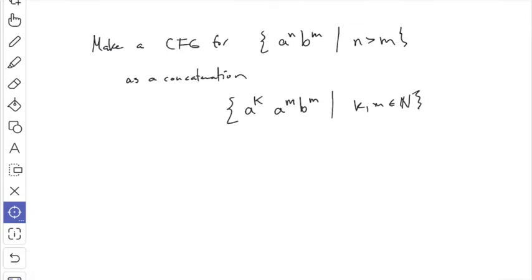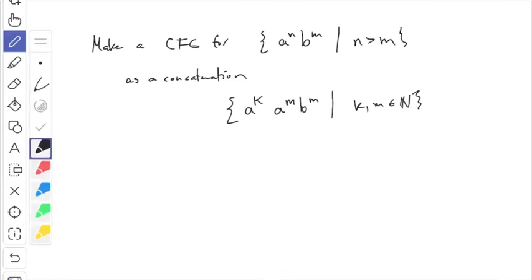It looks like the same number of A's and B's, but then there are extra A's on the front. And now this can be separated apart because the K has nothing to do with the M. Each of the K and the M can be whatever they want. So in my concatenation, we split apart this and this. And actually, is that exactly the same as what I started with? The very first thing that I said when we started today was almost identical to that, right?